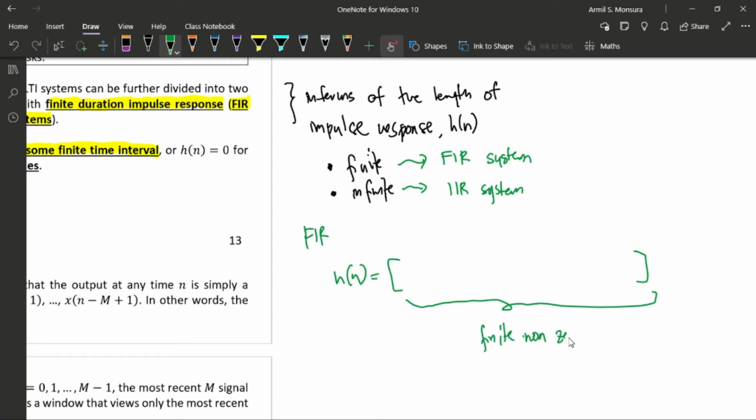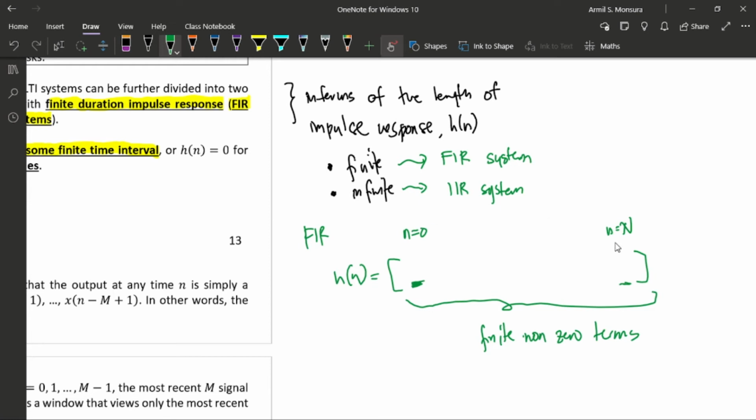And if you consider this to be causal, in addition to being FIR, then yung first term of your sequence starts when n equals 0, kasi causal siya. At some point, yung last term ninyo, n equals big N, for example.